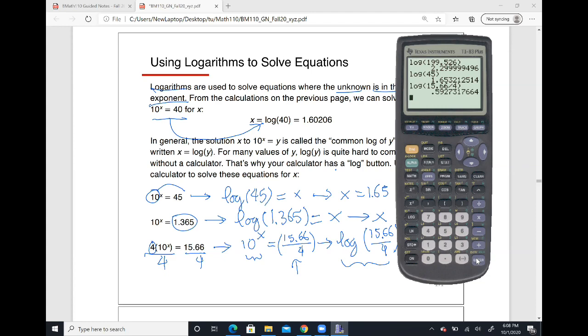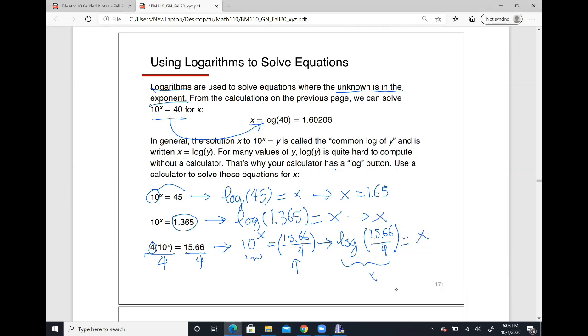If you don't have a TI-83 but have some scientific calculator, you have to do 15.66 divided by 4 first, and then do log base 10 of this number, and that should give the same answer, 0.59.